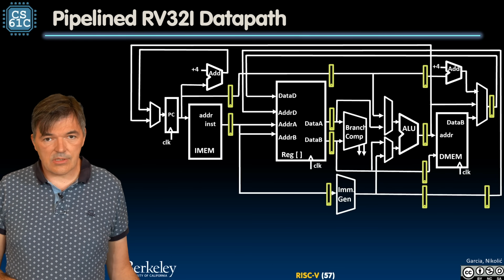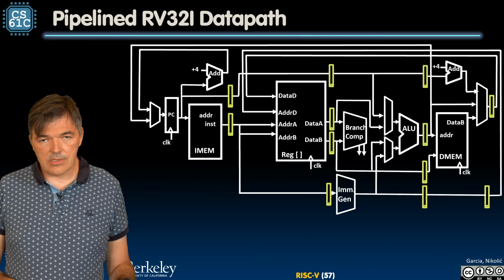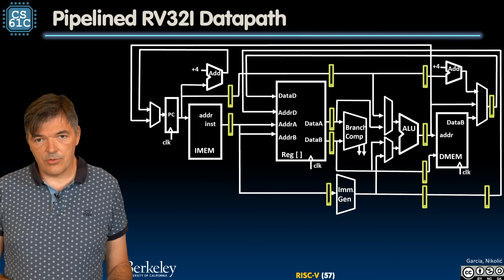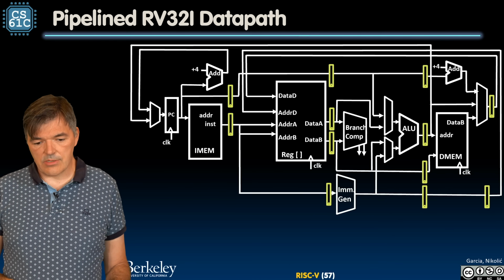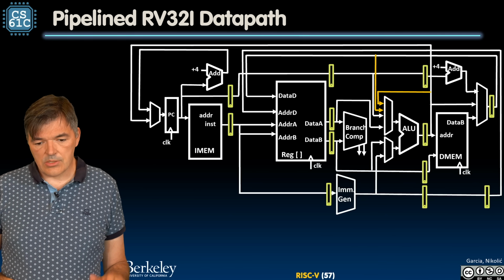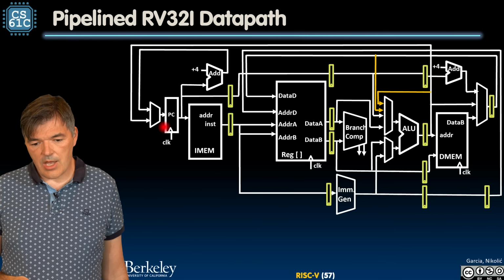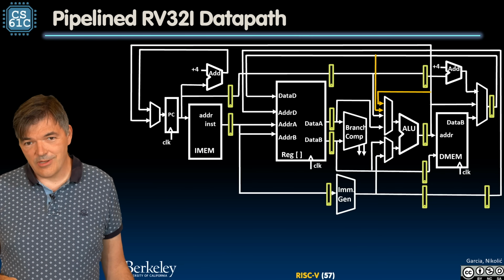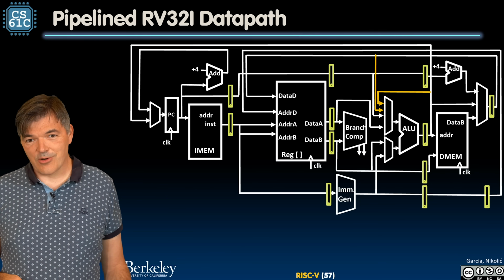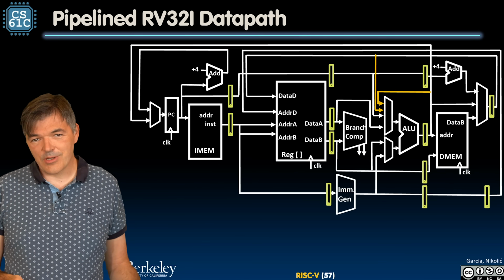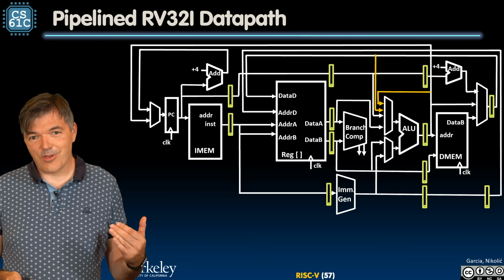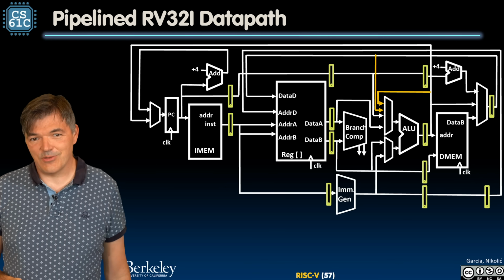Let's take a look at how this is implemented in the data path. This is our pipelined RV32I data path. All the registers are where they're supposed to be. So what we did here, we added these two forwarding paths. The forwarding paths are not really shown in this picture as going forward. They look like they're going backward, but actually they're going forward to the execution of the next instruction.